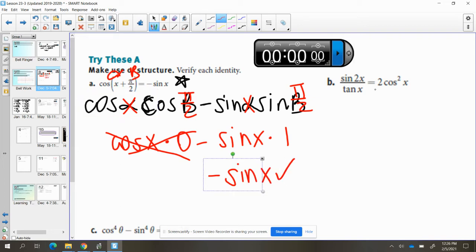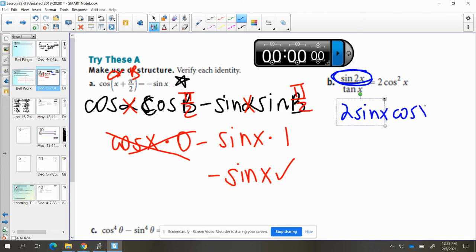Okay. In letter B, we have a double angle formula that we're going to plug in for. So it's a switch up from the sum and difference. We know that sine of 2x, or 2 theta, is 2 sine x cosine x, all divided by the tangent of x.